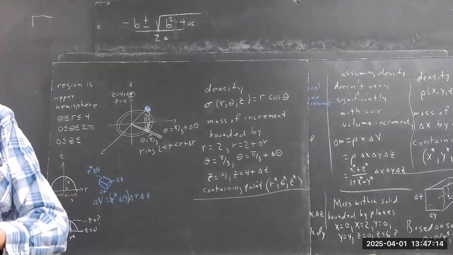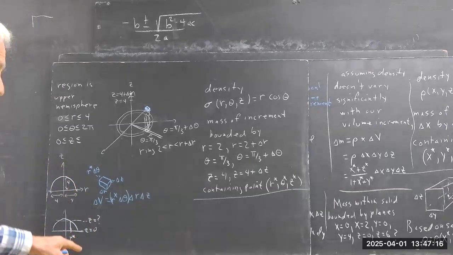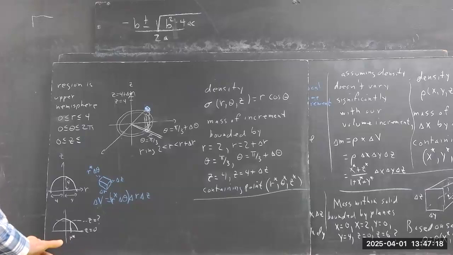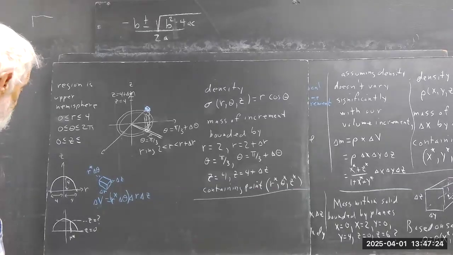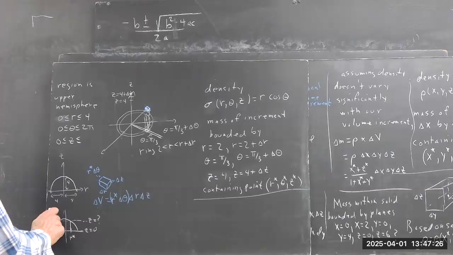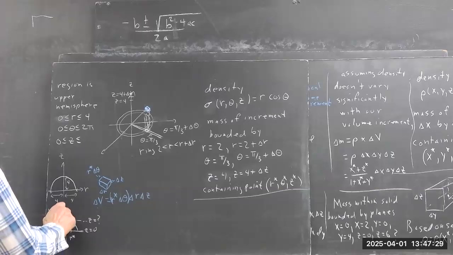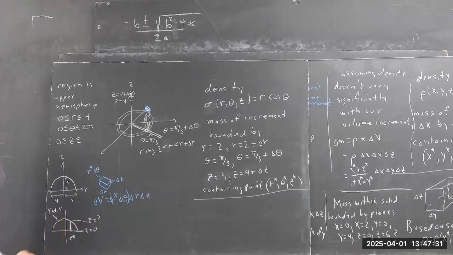There are two ways to answer this question. One's geometrically. This is a sphere of radius 4, centered at the origin.